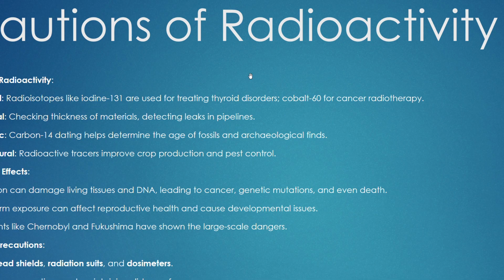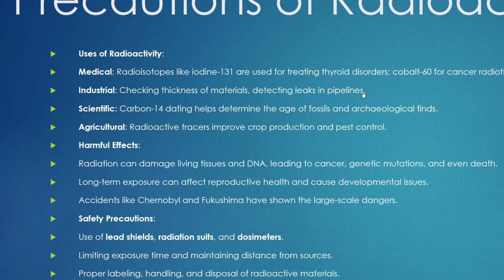So I think you all know when you go for chemotherapy or other therapies for cancer, they mainly use cobalt 60, a radioisotope of cobalt. And next, industrial use: this is used for checking the thickness of materials, detecting leaks in pipelines.